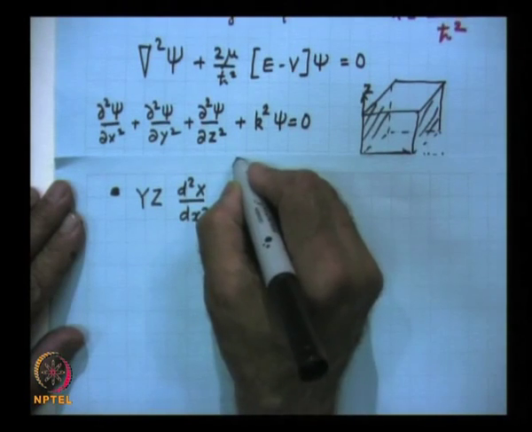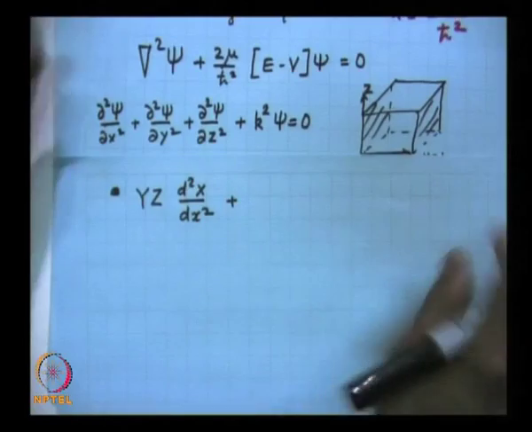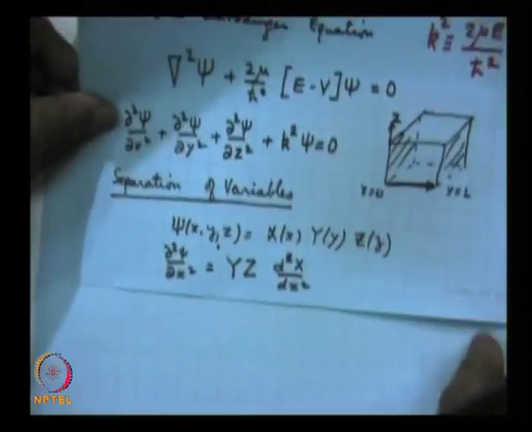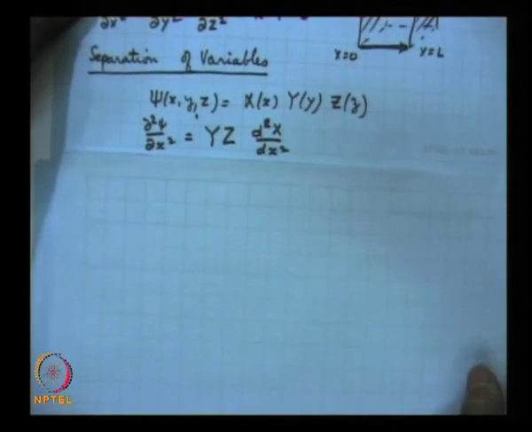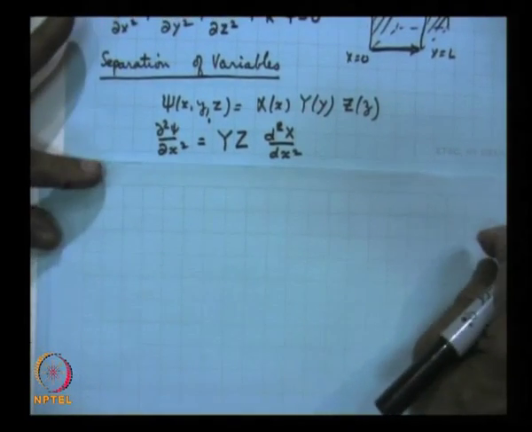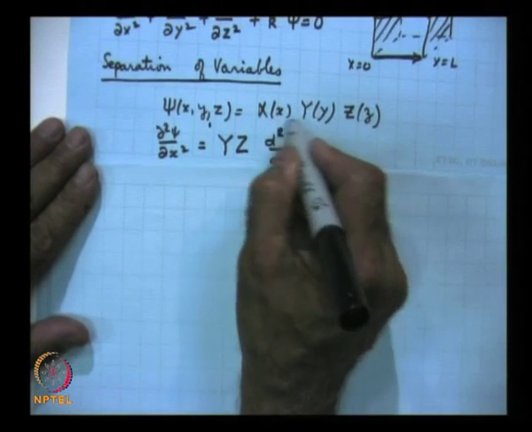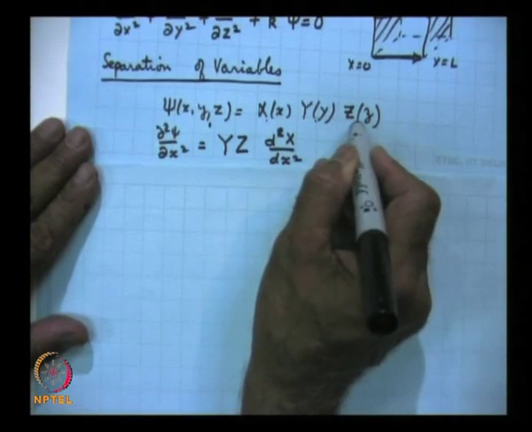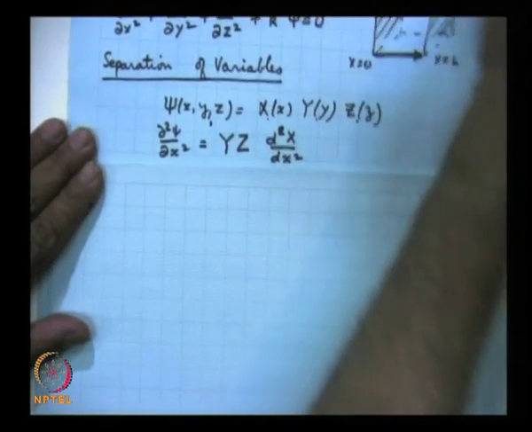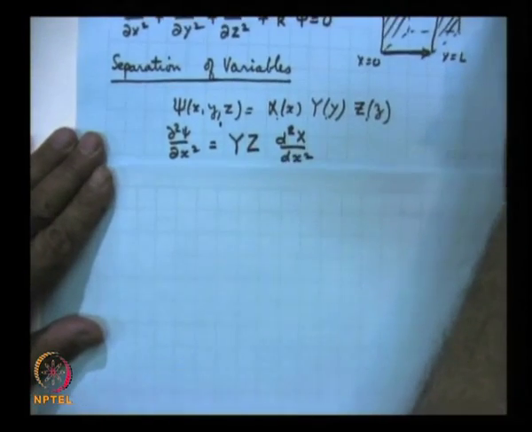Remember that we have assumed that psi of x, y, z is equal to X, Y and Z. So, we substitute it in this equation.